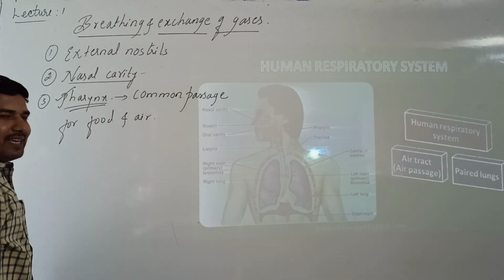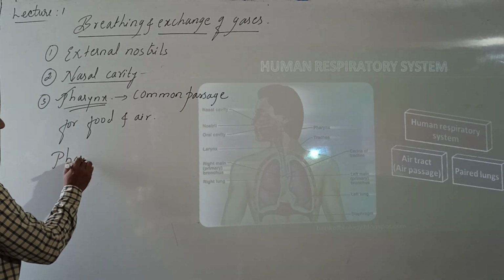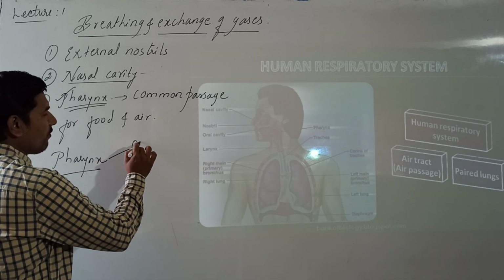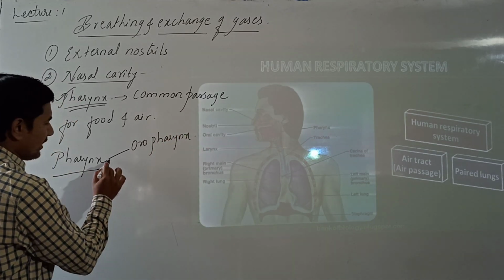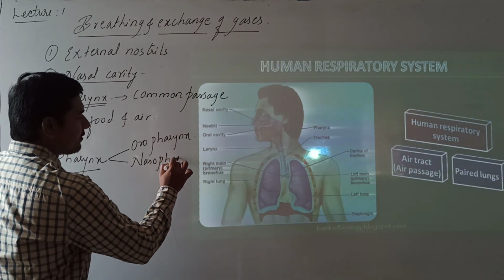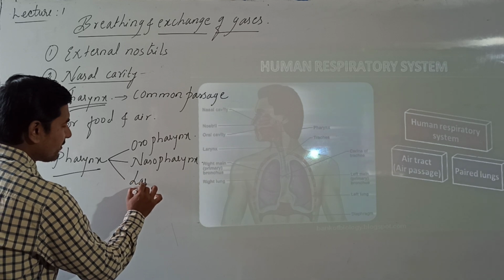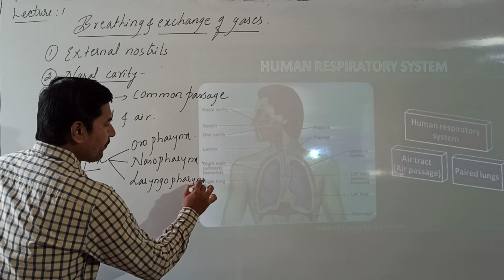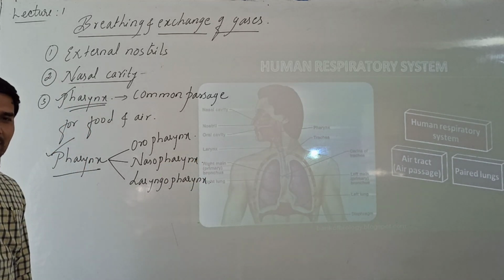Now this pharynx is divided into 3 parts. The first one is the oropharynx, the second one is the nasopharynx, and the third one is the laryngopharynx. These are the 3 parts of the pharynx region.